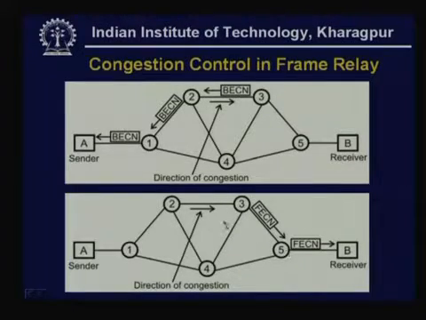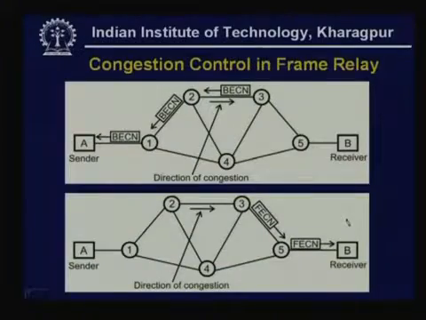Then the receiver is alerted about the congestion. Now, it is up to the receiver to inform the sender by sending a packet that it is necessary to perform flow control, so that it can come out of congestion.